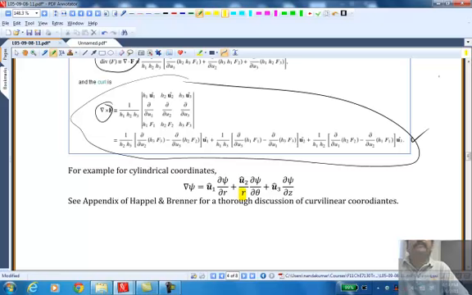If there is a new coordinate system, it's still this way: you always start with the Cartesian frame. In developing the relationship, you always start with the Cartesian frame to the new coordinate system, and you get the metric coefficients for that transformation.